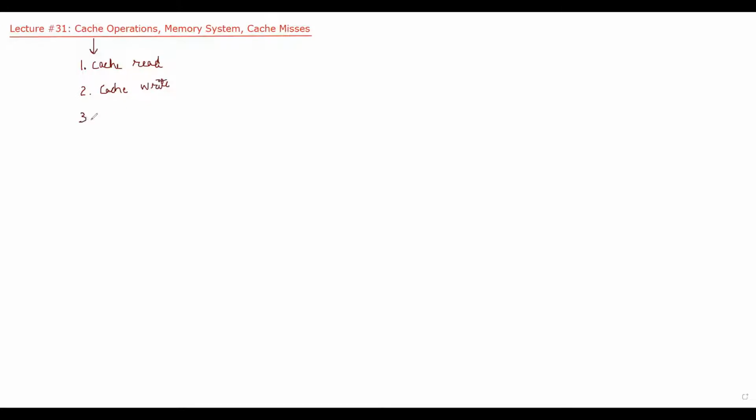The third operation will be insert, inserting data into the cache. Fourth operation will be evict. And in the insertion also, we will discuss the replace operation. Fine. Now, let's first discuss the first operation, that is cache read.